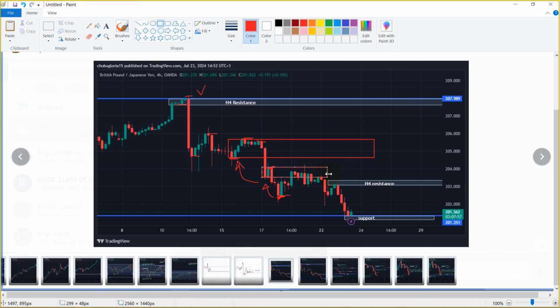And if you pay attention, you will see that price came up right inside of it, but failed to go above it. Failed to go above this resistance. Price failed to go above this resistance, but it came inside.